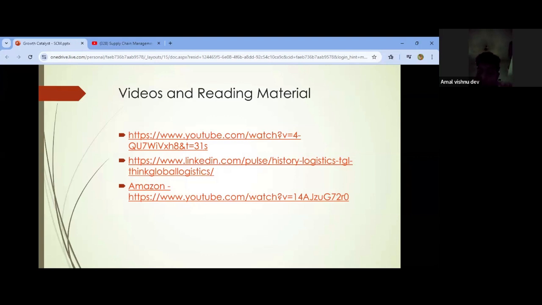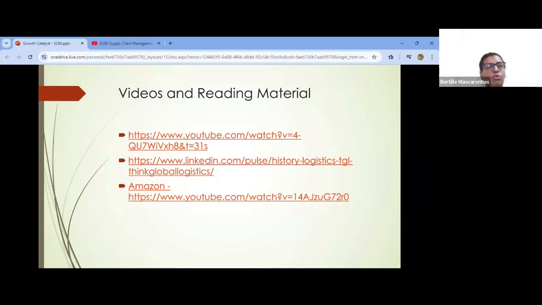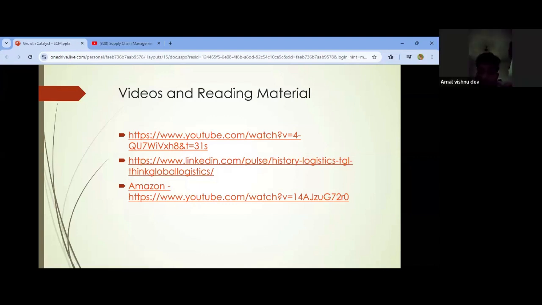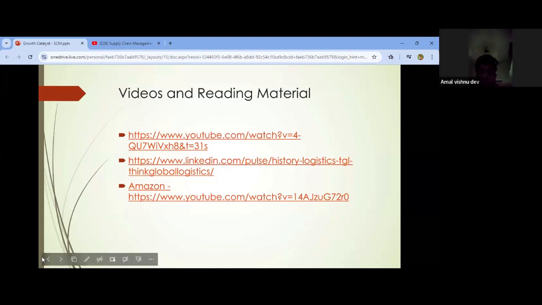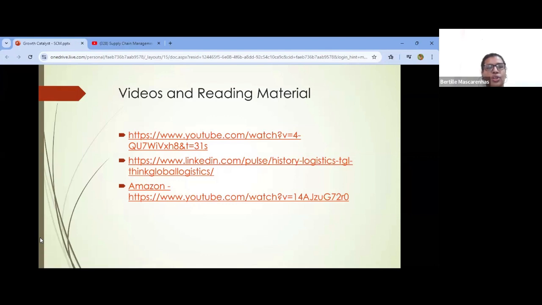It is manufacture, factory, and warehouse. Before manufacturing, what is required? Raw materials. Good, thank you. Ajay, can you continue?